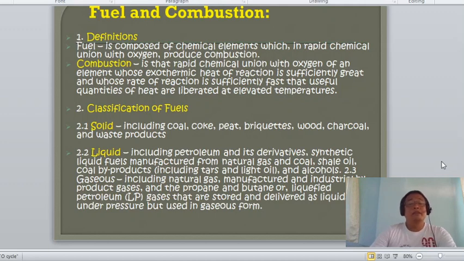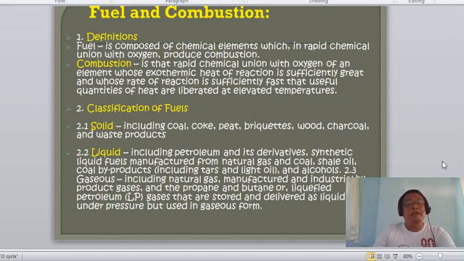We have also the liquid fuels, including petroleum products, which are mostly hydrocarbon fuels, and synthetic liquid fuels manufactured from natural gas and coal, shale oil, coal byproducts, including tars and light oil, and alcohols.